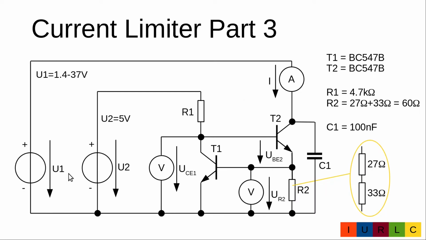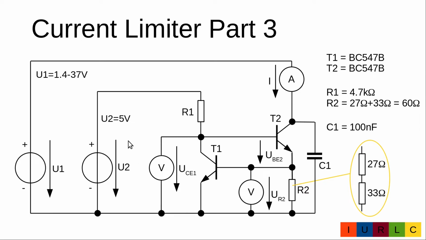We have the collector voltage supply U1, which can vary from 1.4 to 37 volt. We go through an ammeter through T2. T2 is a BC547B, and through the current sense resistor R2, which is built up with a series connection of a 27 ohm and a 33 ohm, and go back to the collector voltage supply.